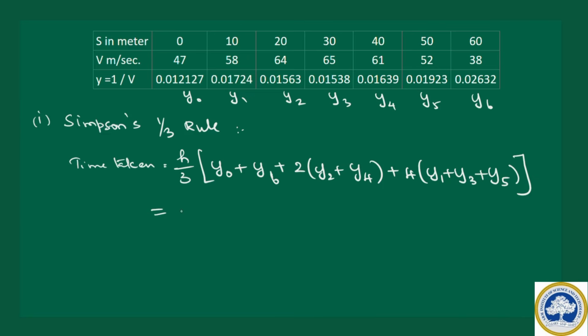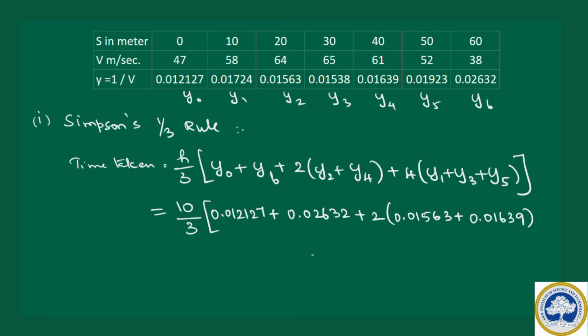Now, as I said, h takes the value 10, so it is 10/3, and then we have to write all the values here. y0 is 0.012127 plus y6 is 0.02632 plus 2 into y2, which is 0.01563, plus y4, which is 0.01639, plus 4 into y1, which is 0.01724, plus y3, which is 0.01538, plus y5, which is 0.01923.